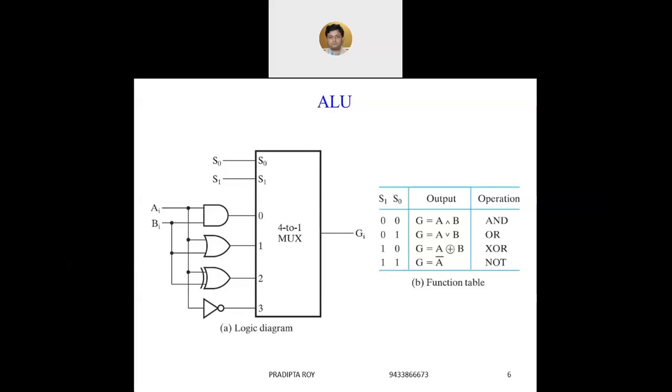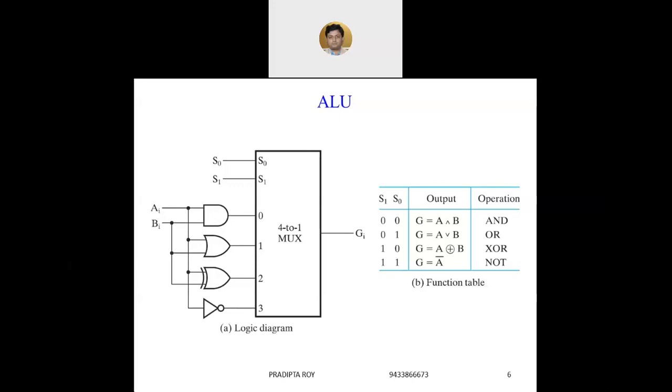If S1 and S0 are 0 0, the AND operation will be performed. If those are 0 1, you can perform the OR operation. If S1 and S0 are changed to 1 0, you can perform the XOR operation, and for 1 1, you can perform the NOT operation. But this is a very simple circuit, simple logic.